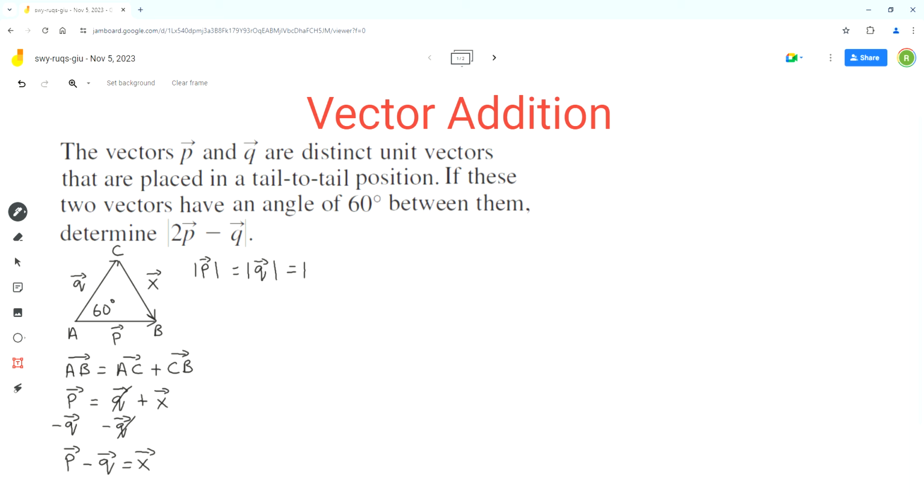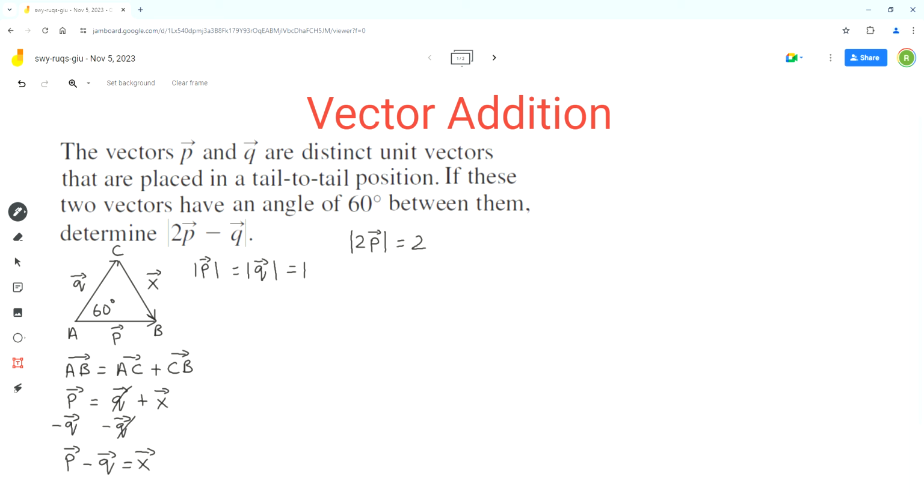p minus q. Now we have to find the magnitude of 2p minus q. So for that, we'll have to draw another diagram for vectors 2p and q. Now vector 2p will have a magnitude equal to 2 because we are multiplying the unit vector by a scalar quantity, which is 2.